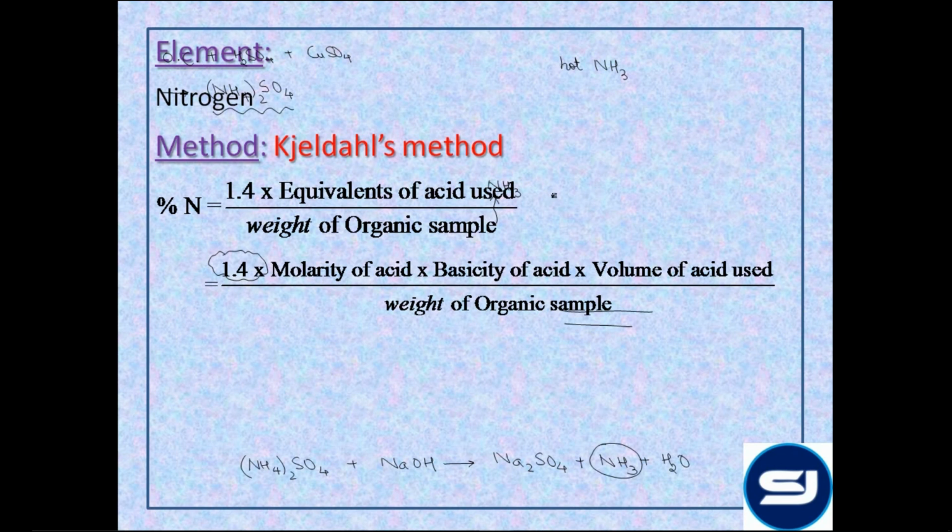Remember, we don't multiply by 100 to get the percentage of nitrogen over here, because the formula balances that 100, and finally we get a simple formula as 1.4 into equivalence of acid. What is equivalence of acid? It's molarity into volume into the basicity of acid. So it's molarity of acid into basicity of acid into volume of acid used upon the weight of organic sample.